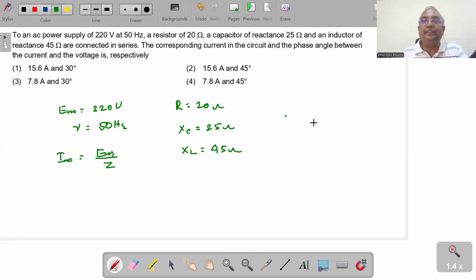First let us find Z. In the LCR circuit, Z is root of R squared plus XL minus XC the whole squared.